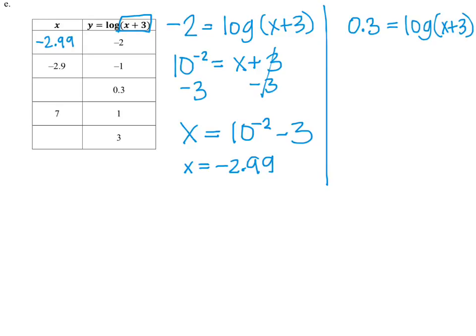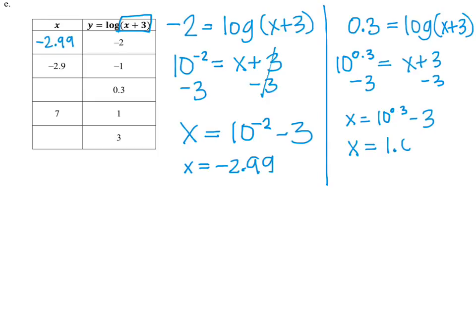Rewrite in exponential form. 10 to the 0.3 is equal to x plus 3. Subtract 3 from both sides. Leaves me with x equals 10 to the 0.3 minus 3, which when I plug that into a calculator, I have x is approximately equal to 1.005.